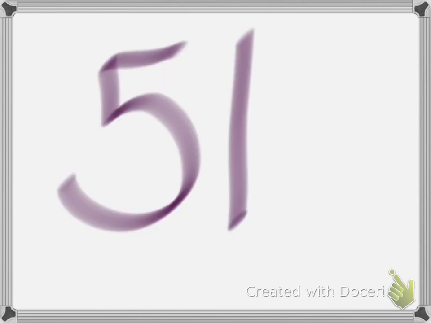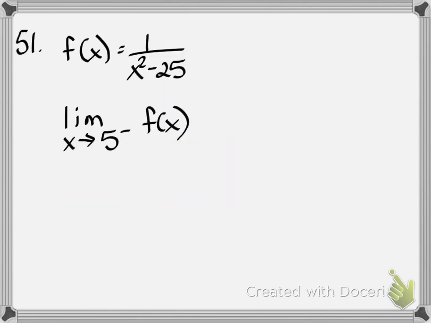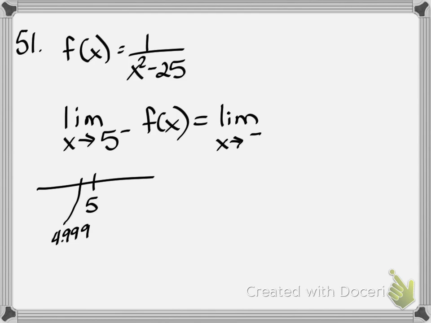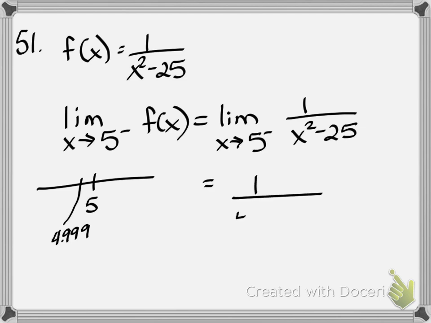And 51, I would probably do the teeny tinies. You can look at it on a graph if you'd like, but if we're going to approach 5 on the number line from the left side, we're looking at like 4.999. So that'd be the limit as x approaches 5 from the left of 1 over x squared minus 25. So let's just try to plug in 4.999.